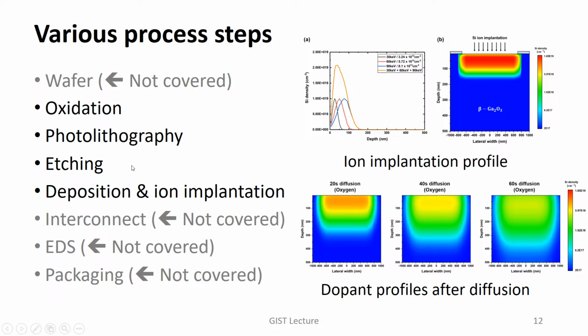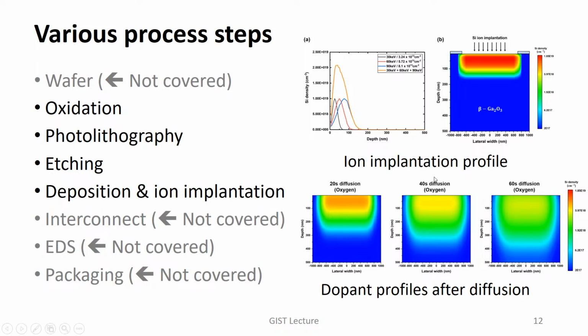After that, a certain exposed part can be etched, and etching is a really important topic in process simulation. After that, ion implantation or thin film deposition can be done.